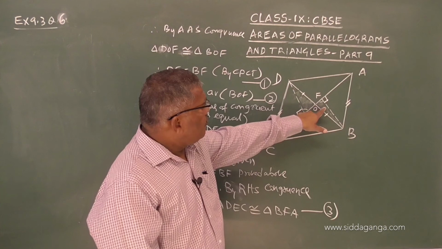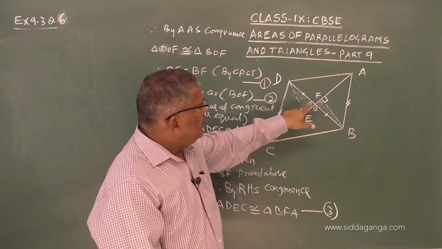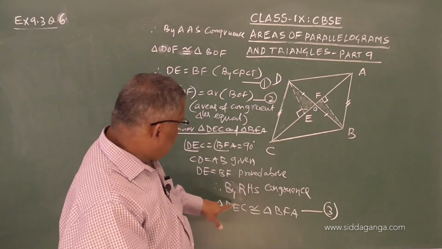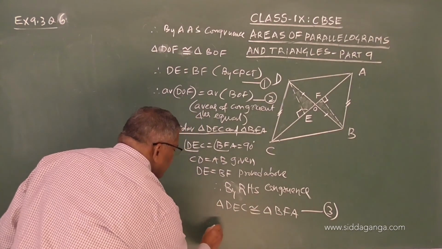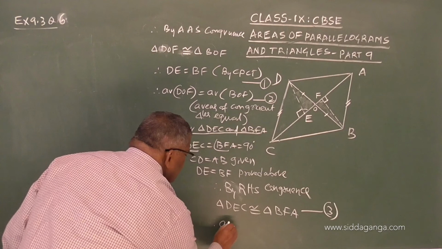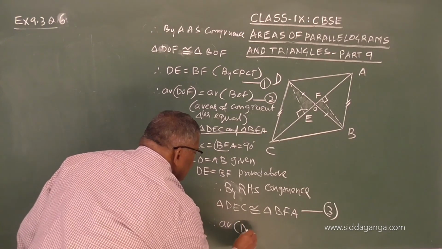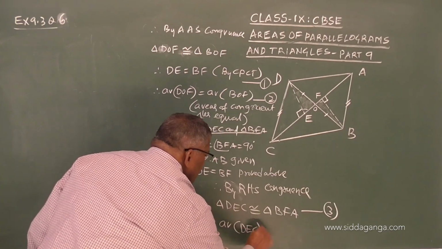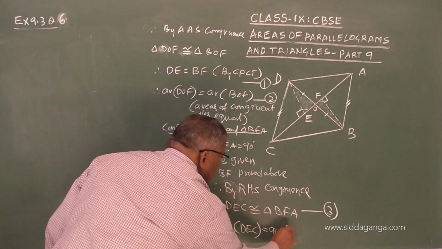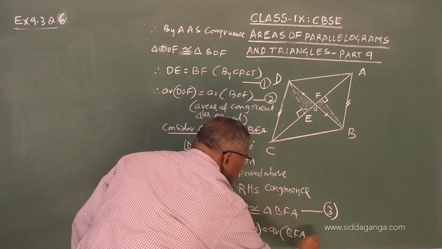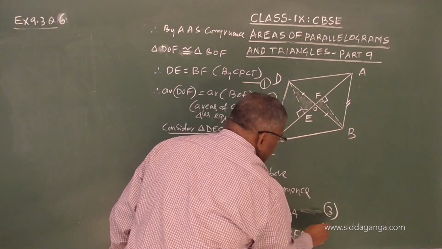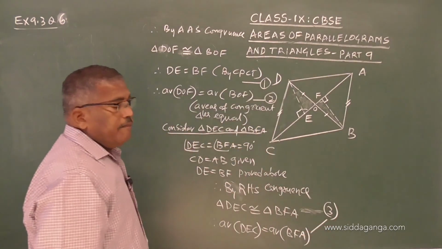These smaller triangles are equal in area, and when they are congruent, their areas are also equal. Area DEC is equal to area BFA. So you can call this as 3.